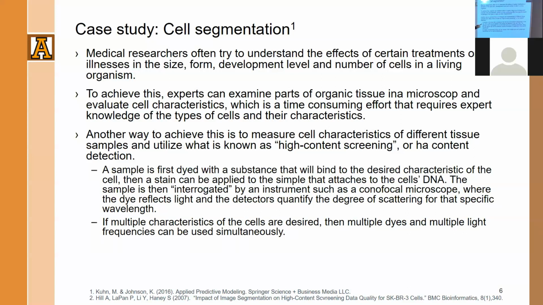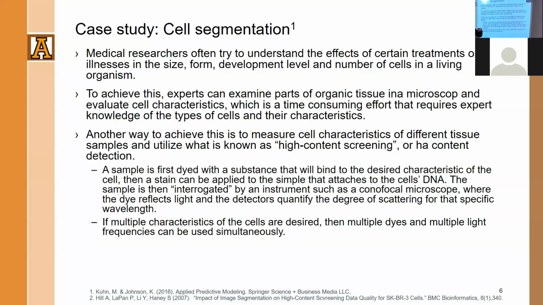The sample is first dyed with a substance that will bind to the desired characteristic of the cell. Then they apply a type of stain to the sample that attaches to the cell's DNA.